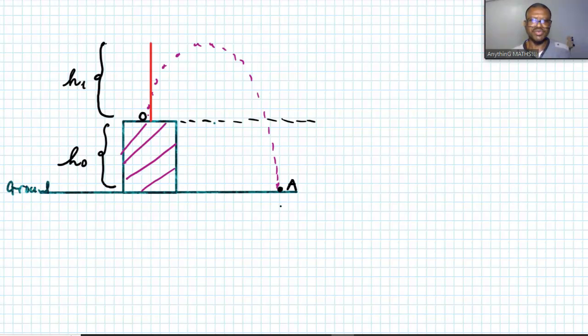We're going to look at the flight in terms of vertical motion. When you throw, it goes up and falls down to point A. So the question is, what will be the displacement at point A in terms of the vertical motion?